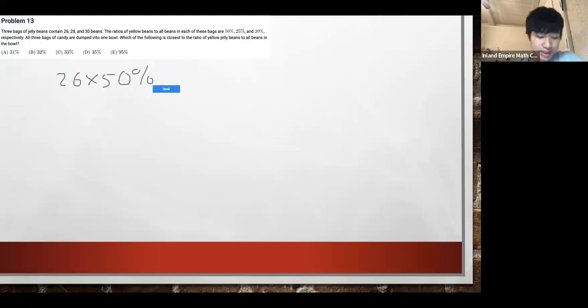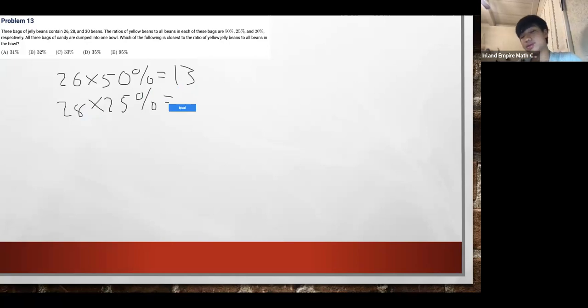Half of the 26 jelly bean bag is yellow, and half of 26 is 13. And 25% of the 28 bean one is going to be yellow, so that's 28 divided by 4, which is 7, right? Because 25% is the same thing as 1/4.